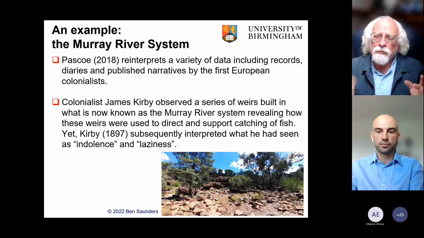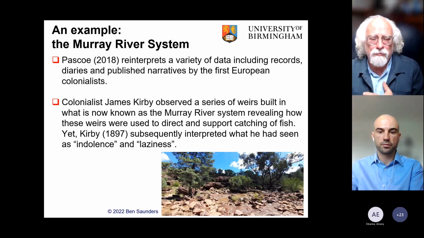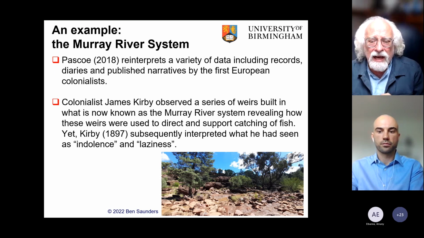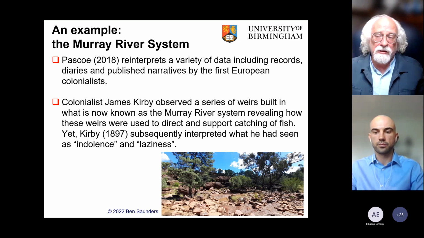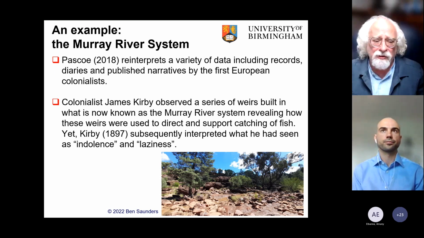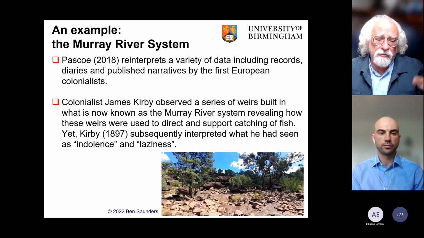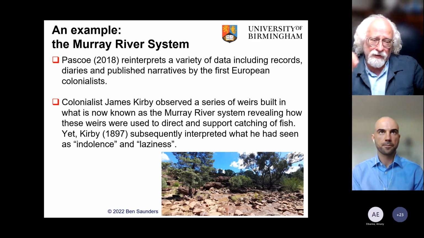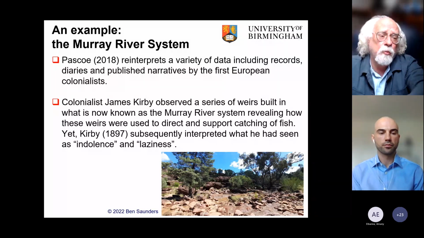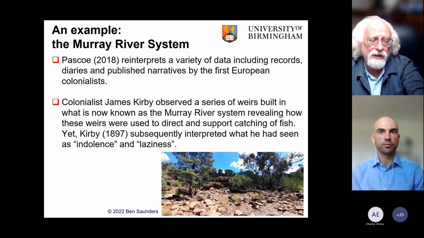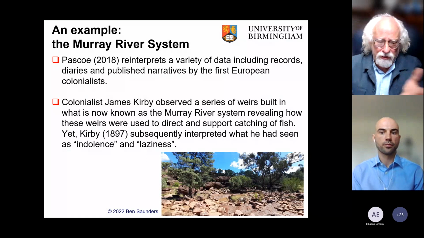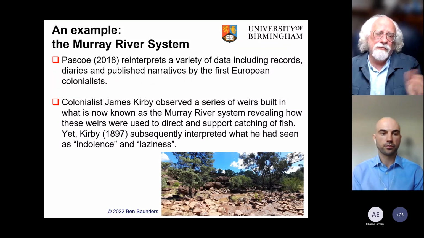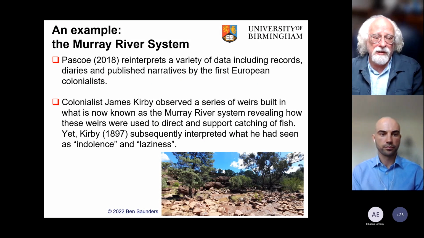What Pascoe does is he looks at one aspect, which is the Murray River system, and he takes these data and combines a variety of other diaries together and says, hang on, what's really going on? Because James Kirby looked at it all as a colonialist and wrote it down. He talks about how they have these systems of weirs which channel water into various places, which make deep enough ponds for the fish to live, and then they just sit there all day fishing and collect it.